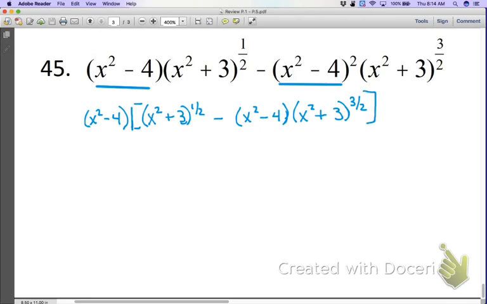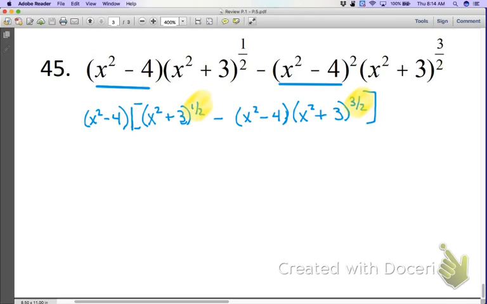From here, let's now look at what's on the inside, and what do we have that is a GCF? If we treat it like we did here and here, what else do I need to factor out now from the inside, what's inside the brackets?